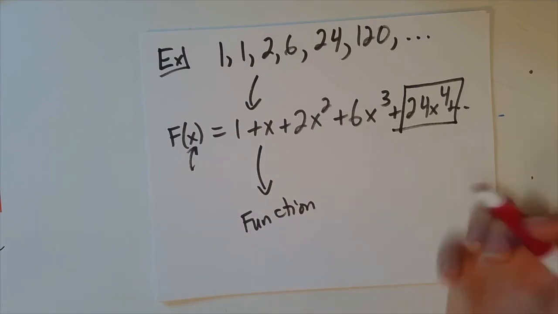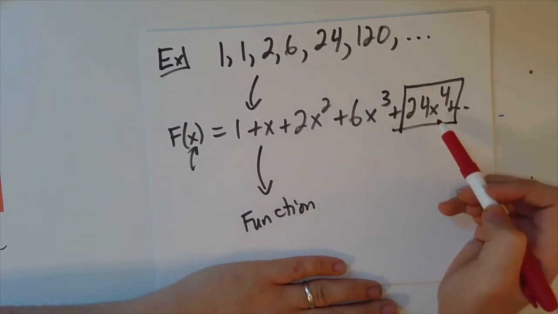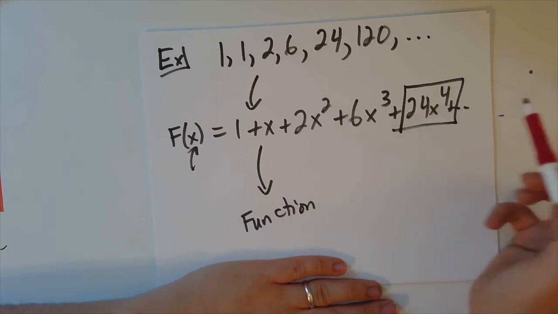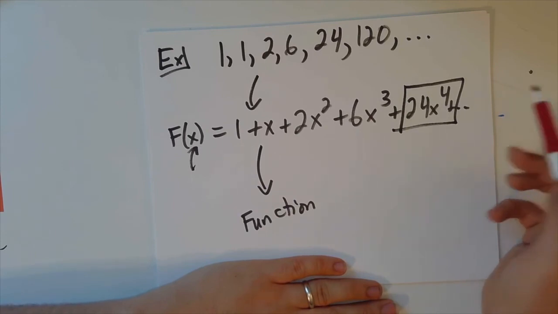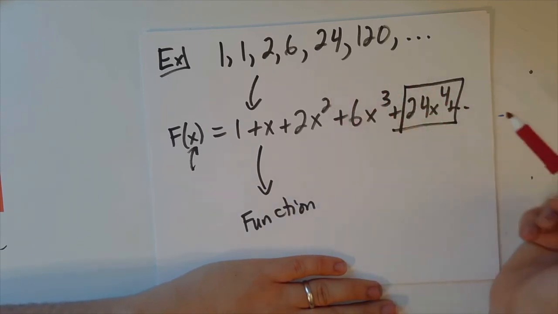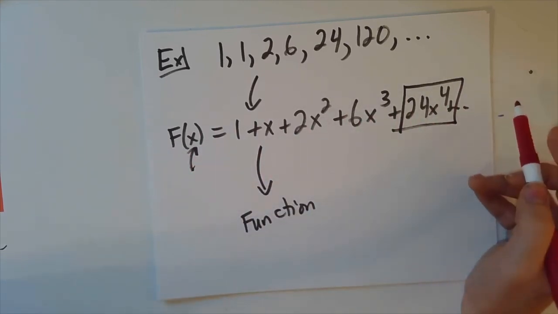But because factorials get so big so quickly, by the time I get to x to the 10th, it's got a 10 factorial in front of it, and 10 factorial is a ridiculously huge number. That means that this power series is actually going to converge for very few values of x.